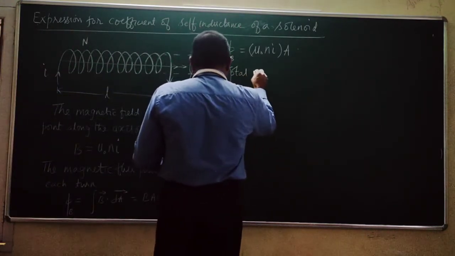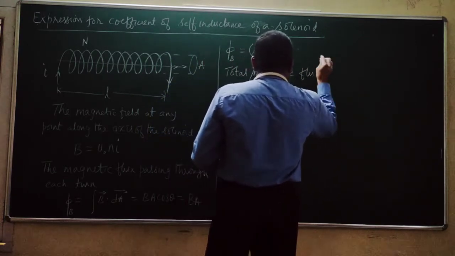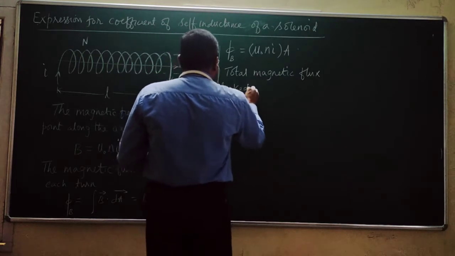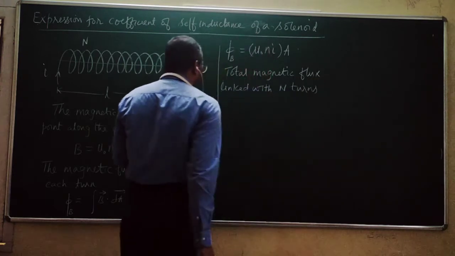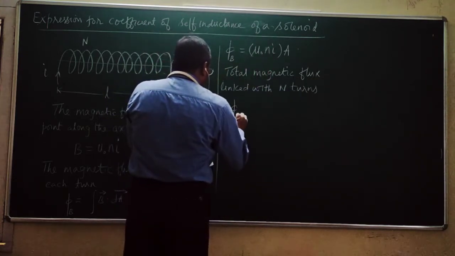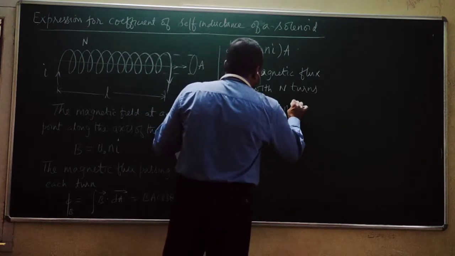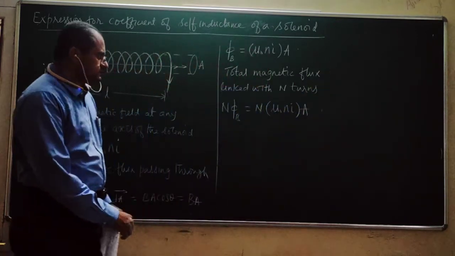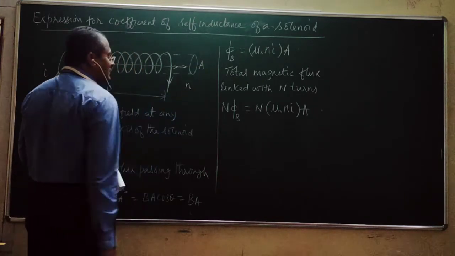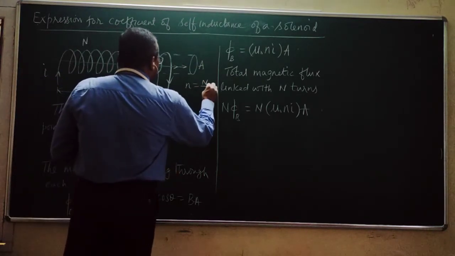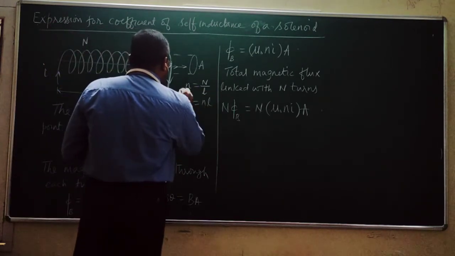Total magnetic flux linked with N turns, so I have to multiply by N. N phi B is equal to N into mu naught n I A. Since I am using small n, number of turns per unit length, as total number of turns by L, therefore N will be equal to nL.